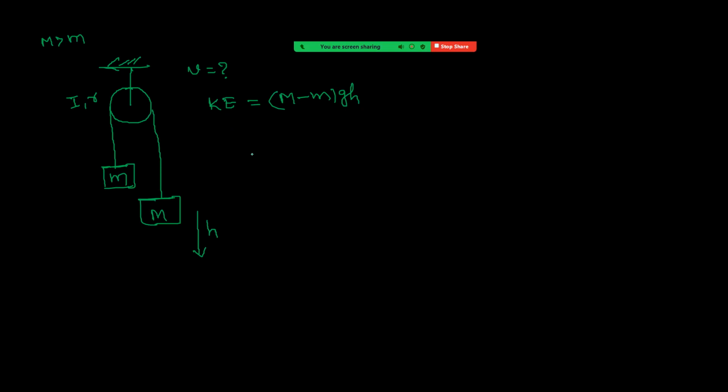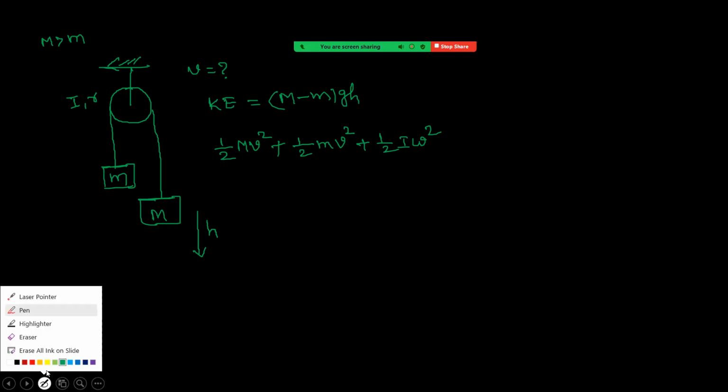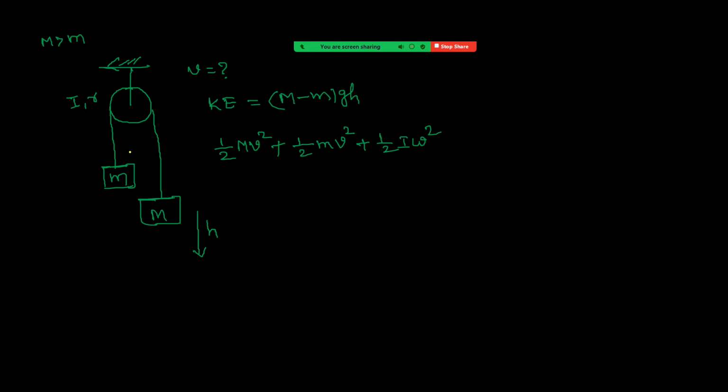Next, we want to find out the speed, and while finding speed we should be very careful. Kinetic energy is half M v square for the bigger block, half m v square for the smaller block, plus for the pulley, half I omega square. And in the place of omega, what do we have to write? If you observe carefully, the condition is no slipping between the pulley and string.